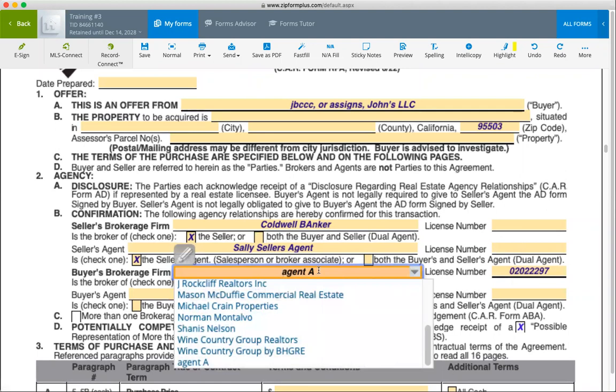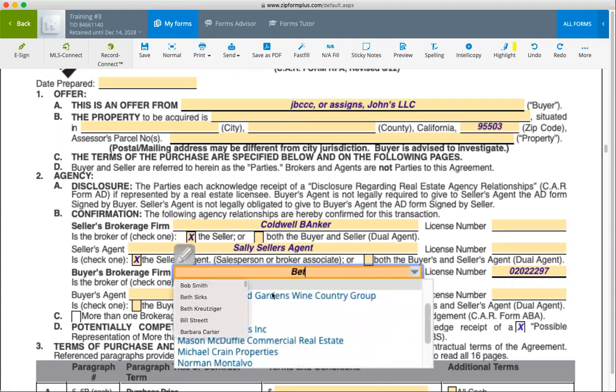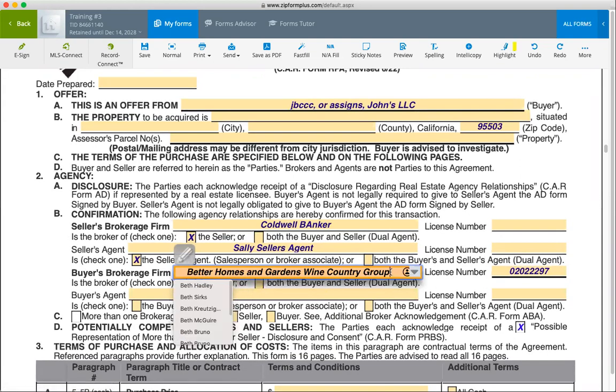We don't have Better Homes and Gardens here, but please use the full name, Better Homes and Gardens Wine Country Group. If you happen to be with the Ming Tree, then it would be Better Homes and Gardens Ming Tree. So those are the DBAs. It's actually Better Homes and Gardens Real Estate Wine Country Group.